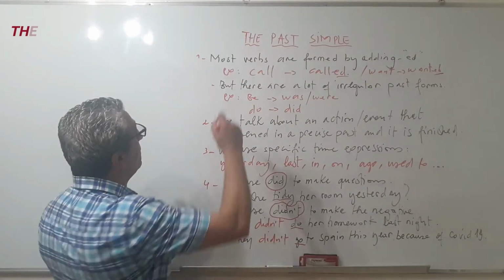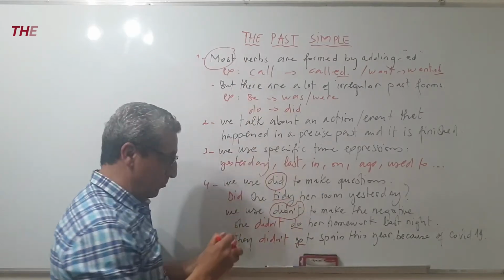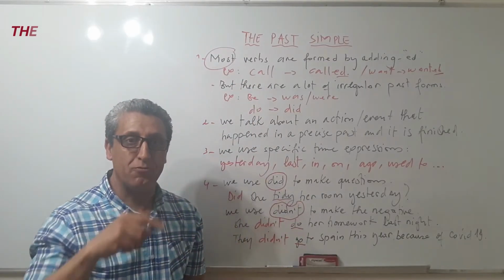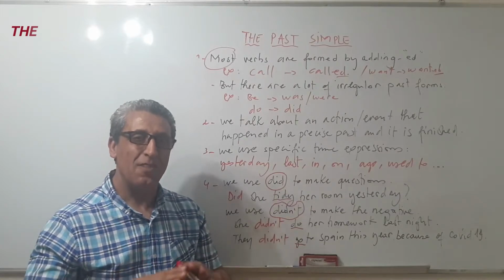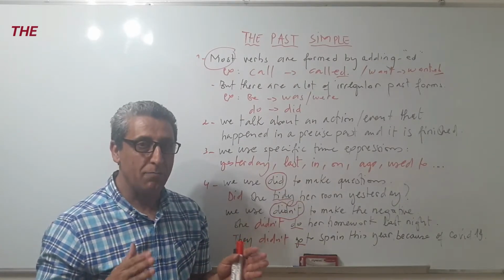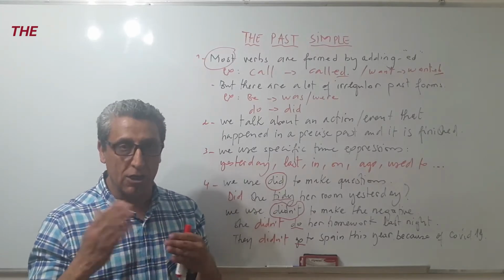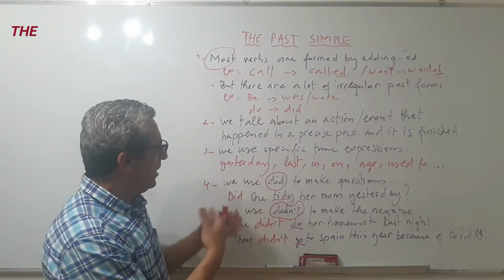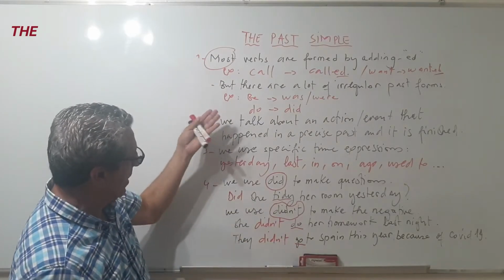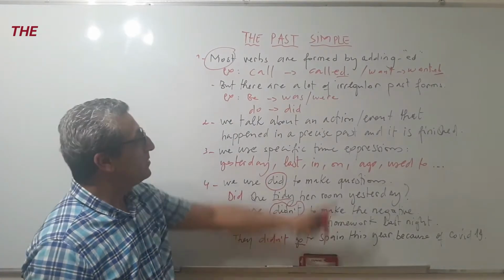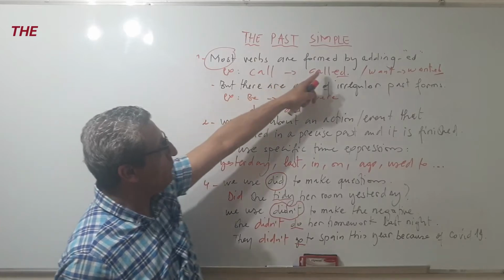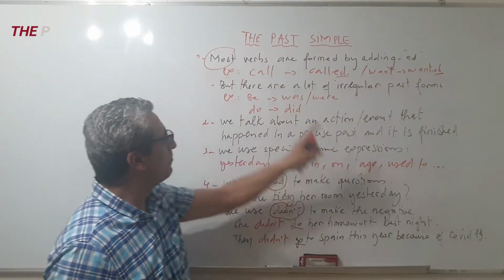Pay attention, here we have most, okay? It's not 100%. Most means the majority. Why? Because we have a tiny number of verbs that are irregular. Okay, we'll see this in the next point. Okay, so most verbs are formed by adding ed.